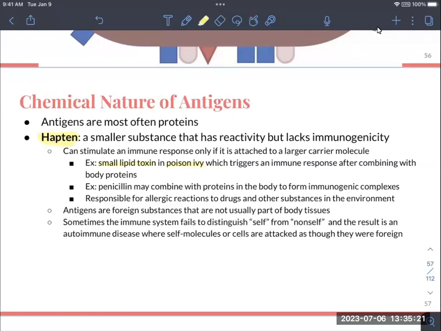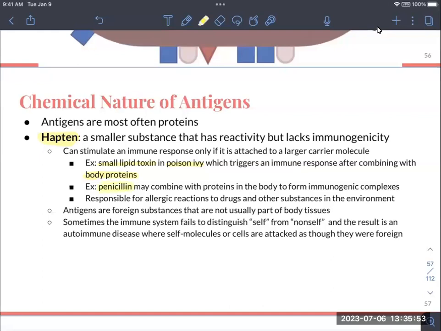It can trigger an immune response only after coming in contact and combining with proteins from our body. If you don't have those proteins in your body, these are people who don't react to poison ivy. There are people out there who don't get an immune reaction to it. I've seen a couple people that way, but most people have these proteins that this lipid toxin can come in contact with, and it causes this immune response.